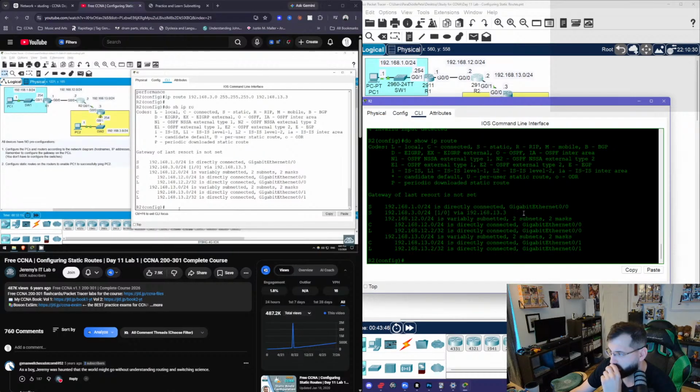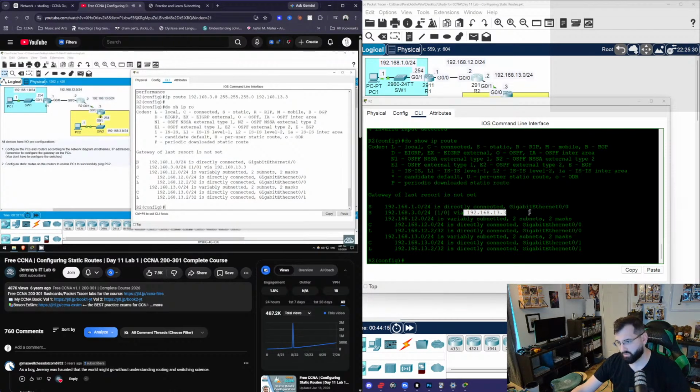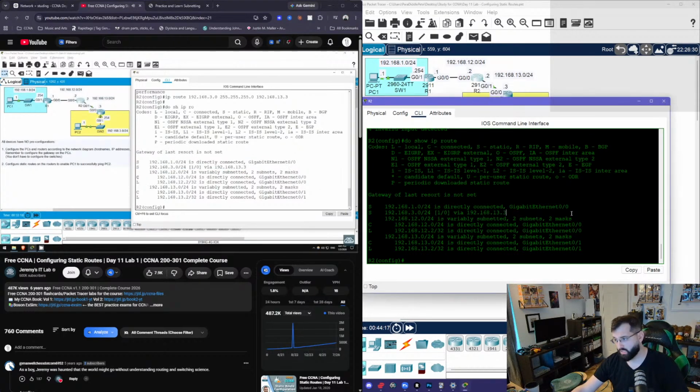Is directly connected. Static. Yes, that's what we did. Is directly connected. This is not. So that's the next hop. Okay. Wow. Is this actually starting to make sense? Okay, here are the two static routes, and the connected and local routes for each interface.